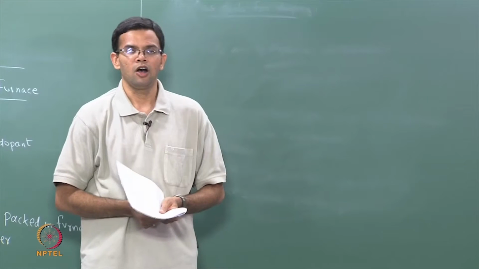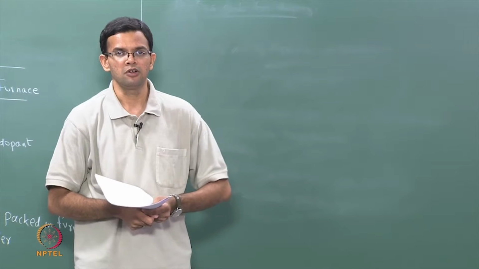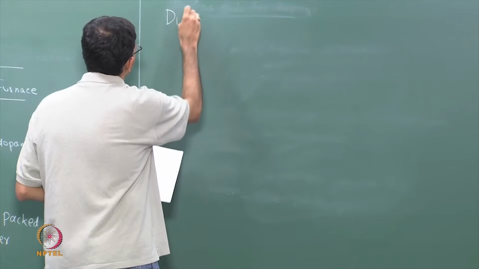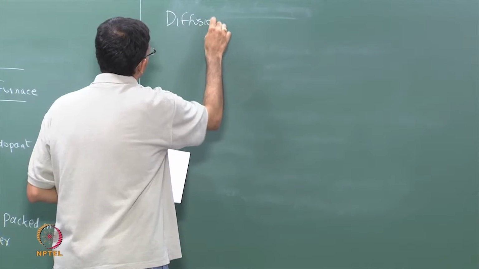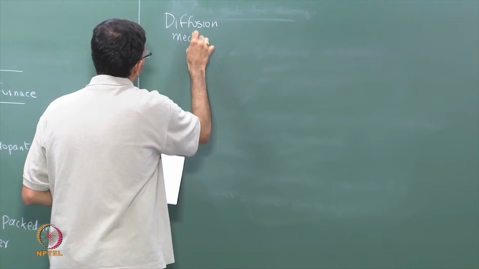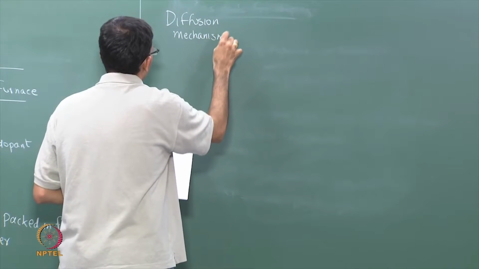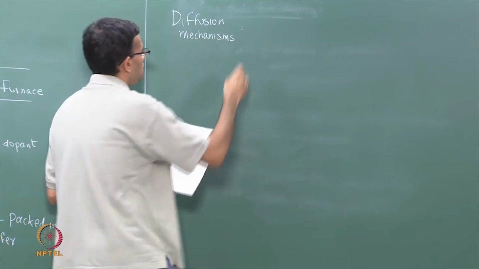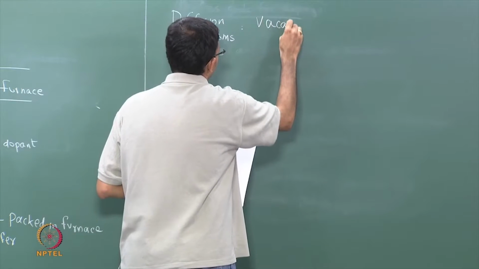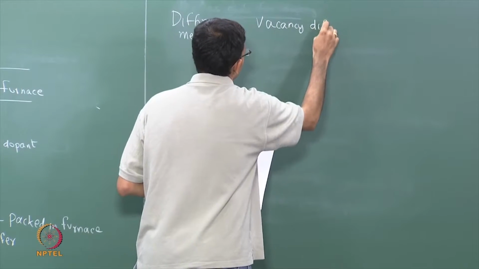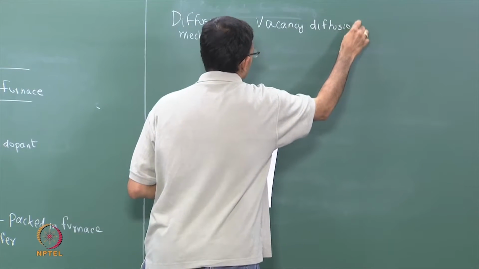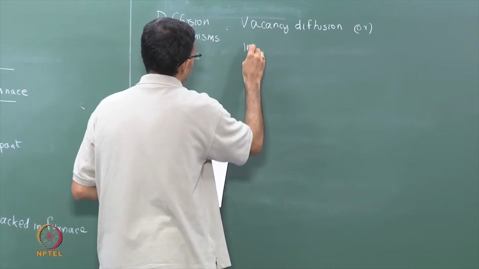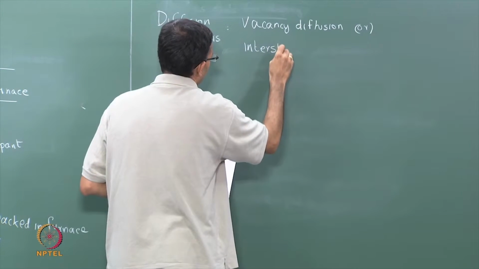To understand how the concentration profile of the wafers looks, we need to look at the mechanism of diffusion. Diffusion can take place either by a vacancy diffusion mechanism or an interstitial diffusion mechanism. This in turn depends upon the size of your dopant atoms.